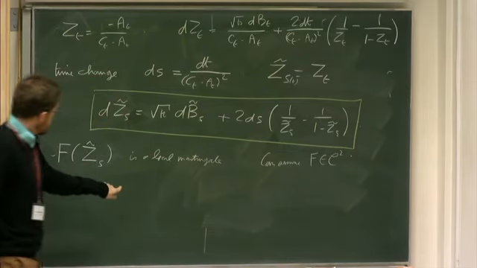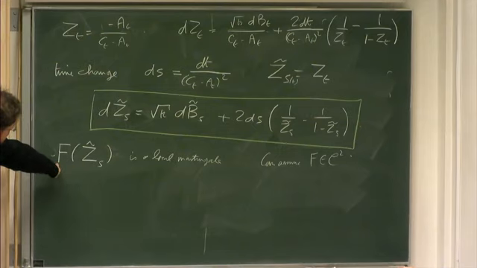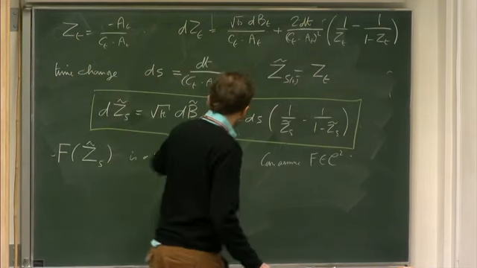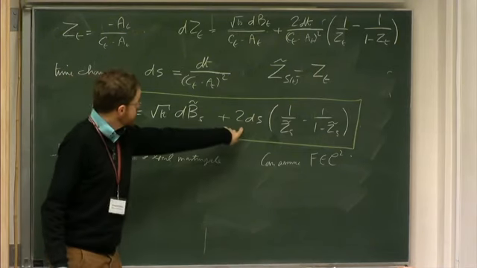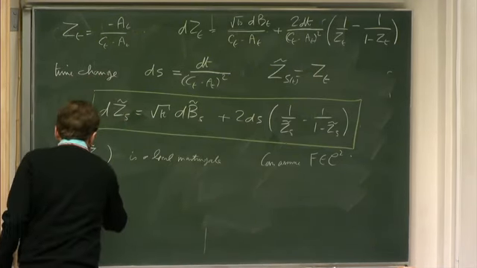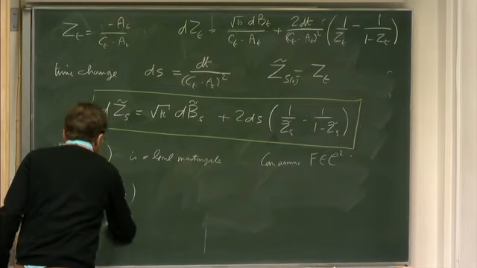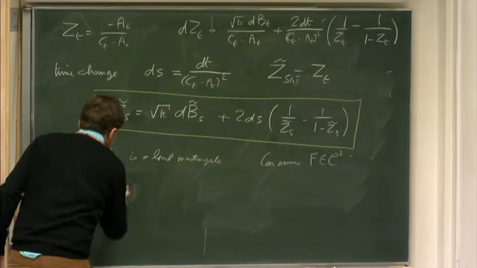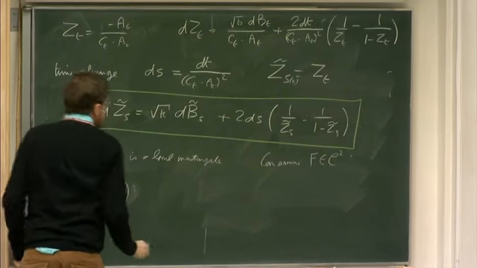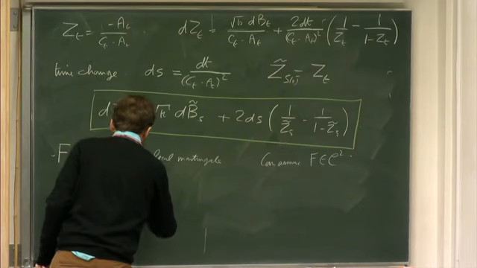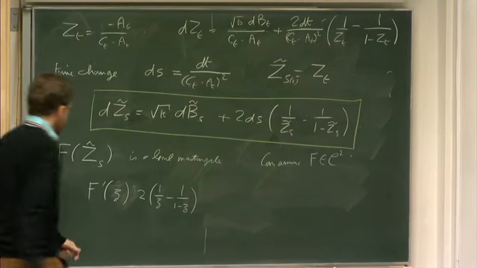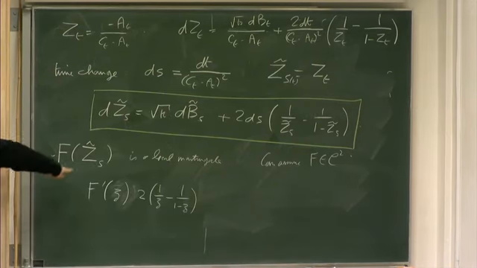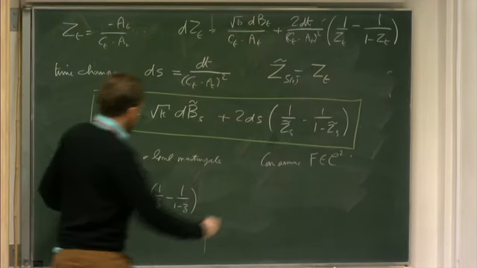So, okay, we want this to be a local martingale, so we write the drift term here. And the drift term here comes from f prime times the drift term here. So what we get is this. Okay, let's call it z. So f prime of z times twice 1 over z minus 1 over 1 minus z. So that's the drift term coming from the first order term in the Ito term.